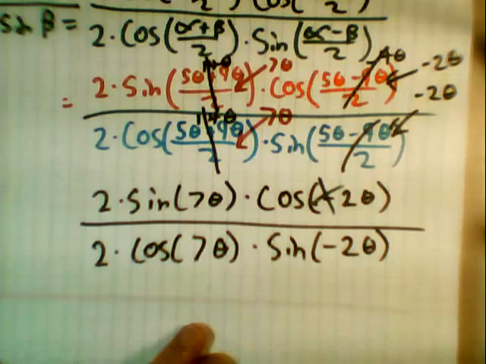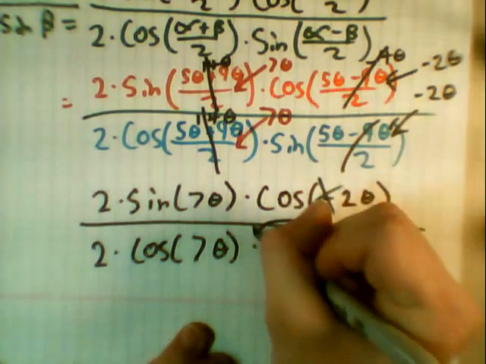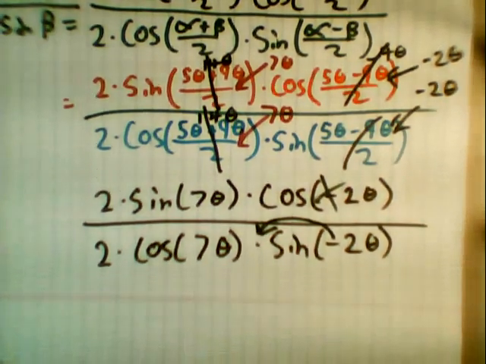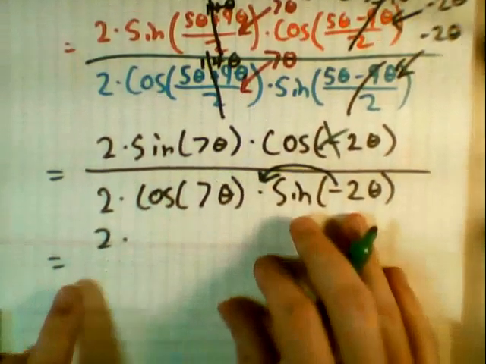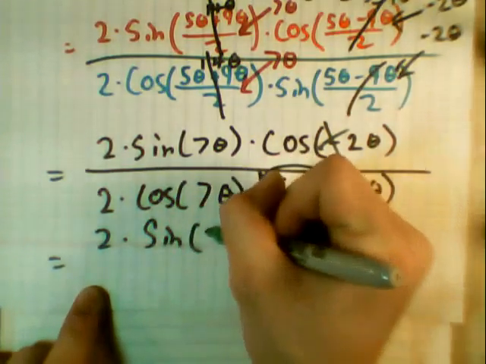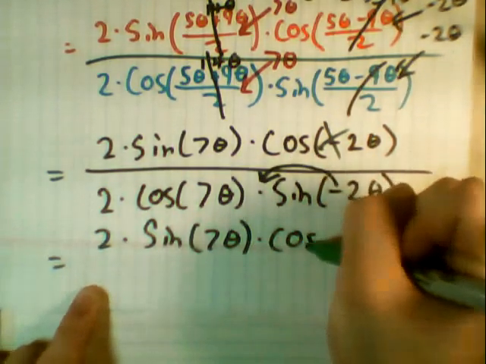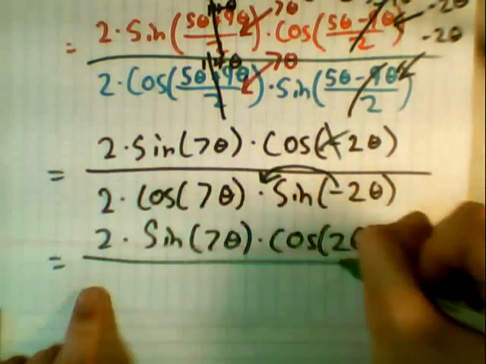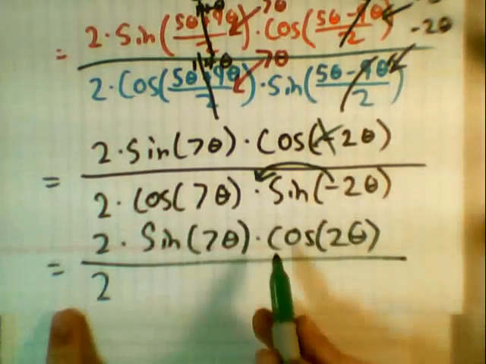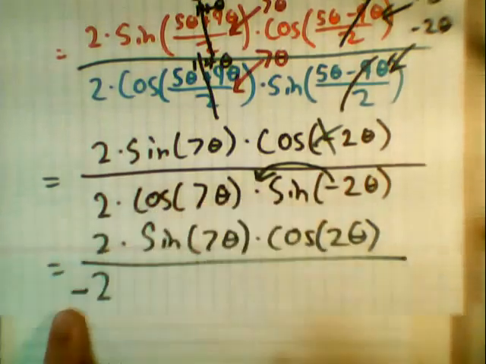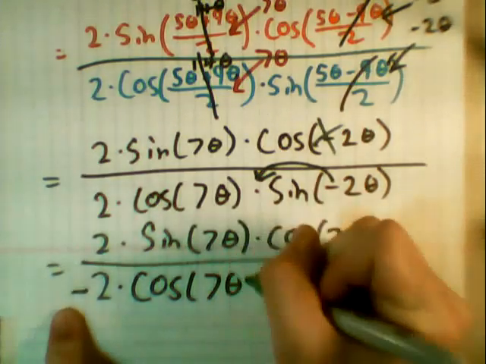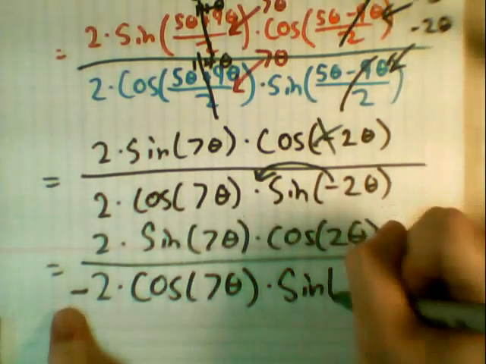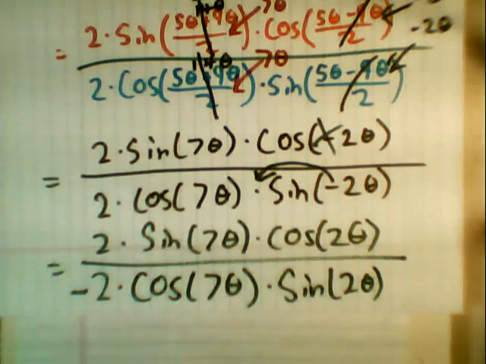But when you have a negative inside of a sine, you can pull it out in front. So this becomes 2 times sine of 7 theta times cos of positive 2 theta divided by, let's make that negative come all the way to the front, negative 2 times cos of 7 theta times sine of 2 theta. We're doing good.